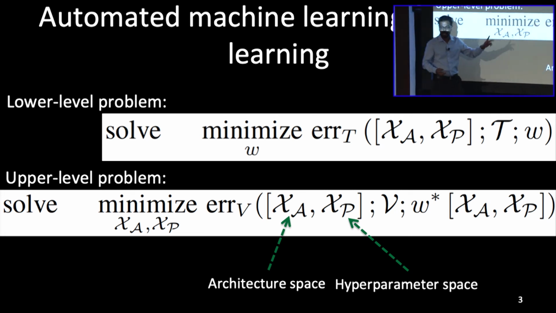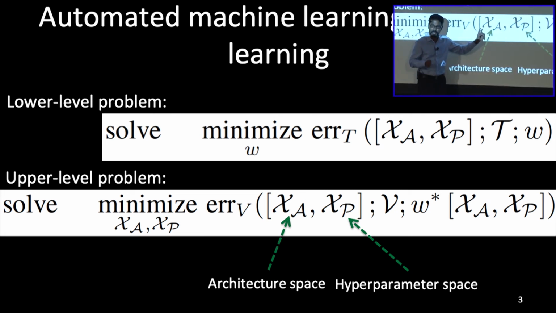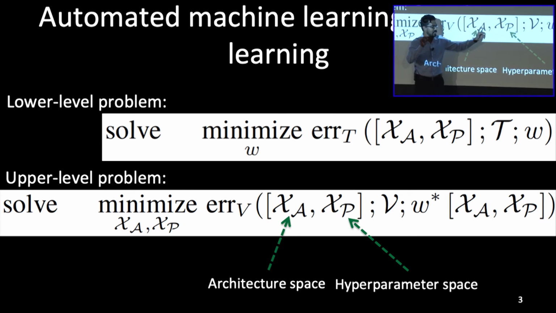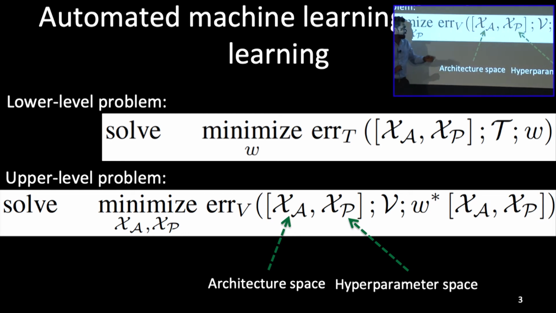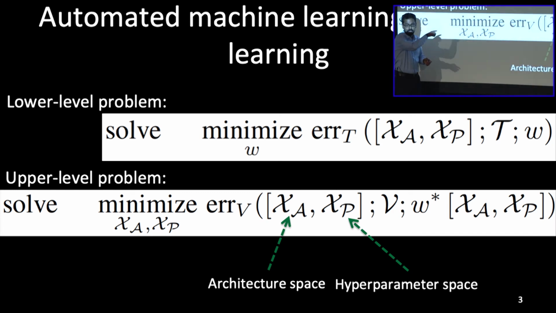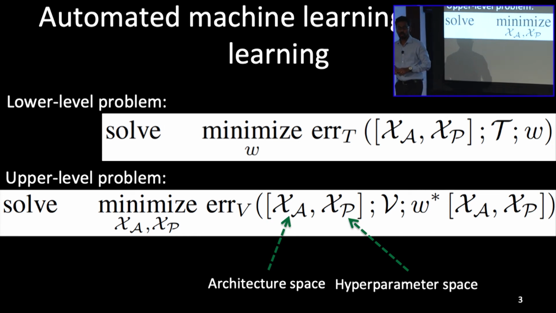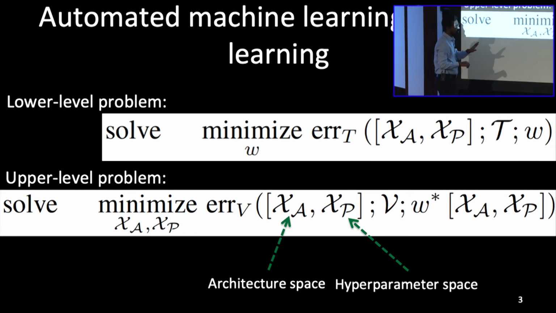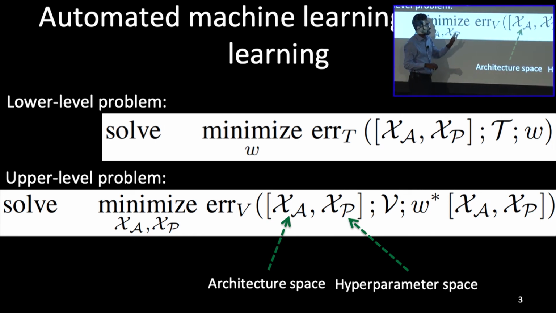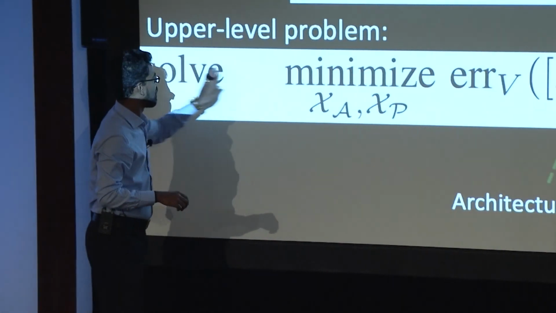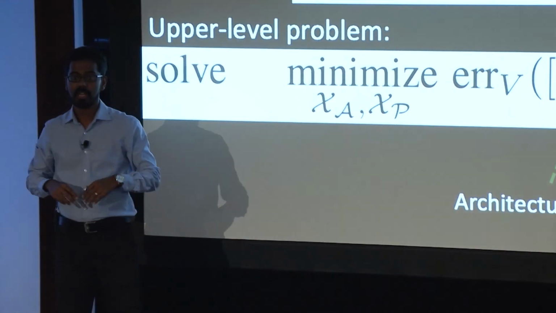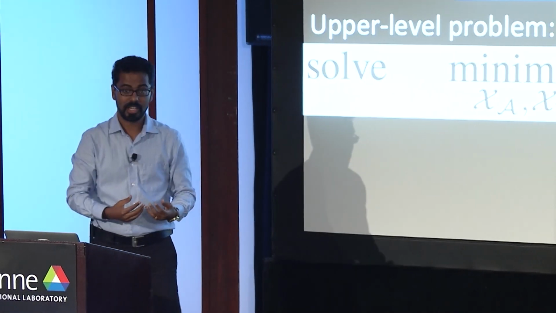You pick an architecture space, and within that you have a handful of hyperparameters, and you pick a hyperparameter configuration. You have to train them, and then you get an error, and now you have to solve a much bigger problem. That is the upper level problem. So, can we solve this upper level problem in a much more automated way rather than trial and error?